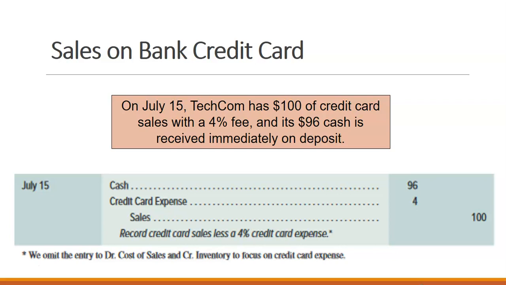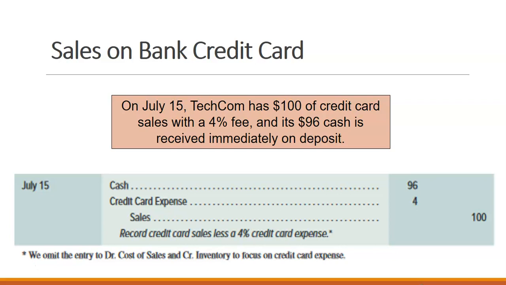When people pay using credit to companies, companies pay a fee. That fee varies based on what credit card supplier. Some credit card companies, like American Express, charge higher fees for accepting credit cards than others. We just have a general 4% fee on this credit card.